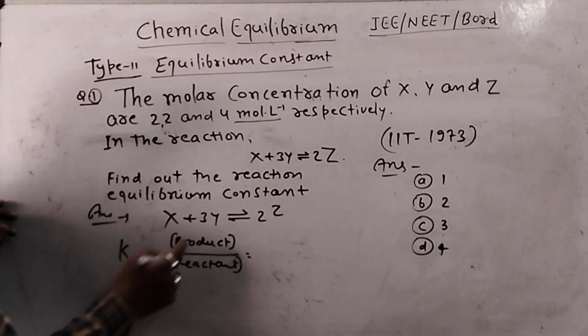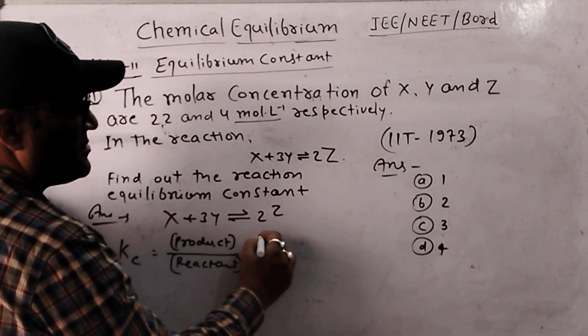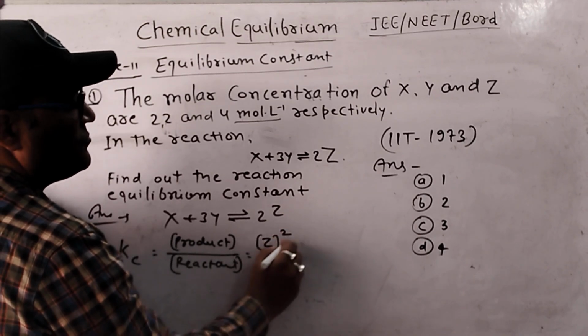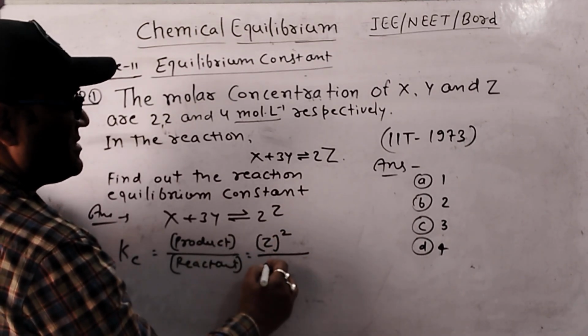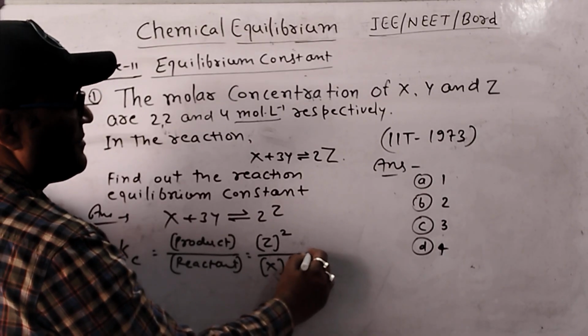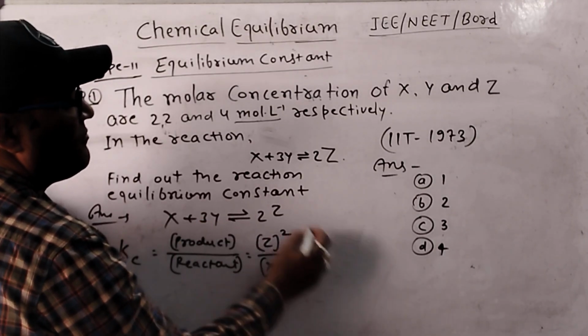From the reaction, concentration of Z with stoichiometric coefficient 2, divided by concentration of X multiplied by concentration of Y with stoichiometric coefficient 3.